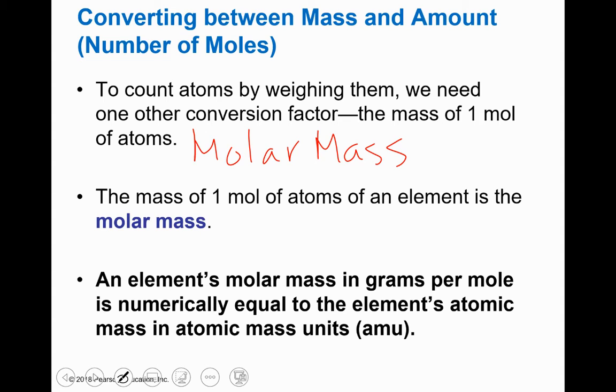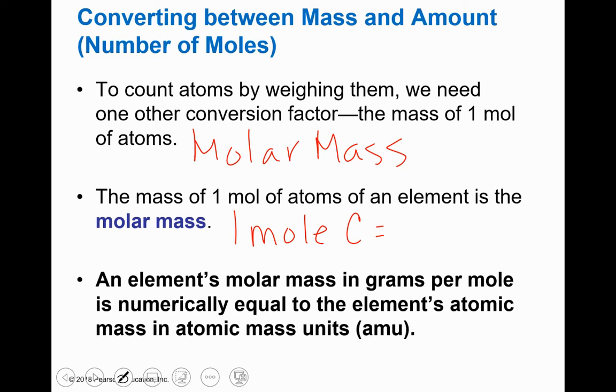This is where you're going to use your periodic table and you're going to look at the mass that's given to us for each individual element. So, for example, if I was talking about carbon, 1 mole of carbon, we know that 1 mole of carbon contains 6.02 times 10 to the 23rd carbon atoms, but we don't know how much it weighs.